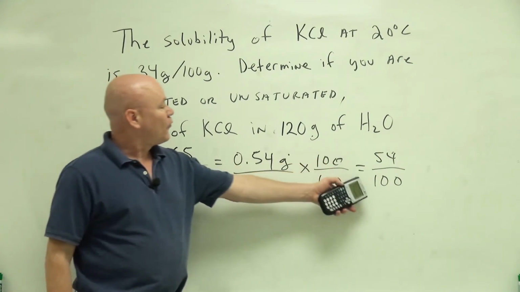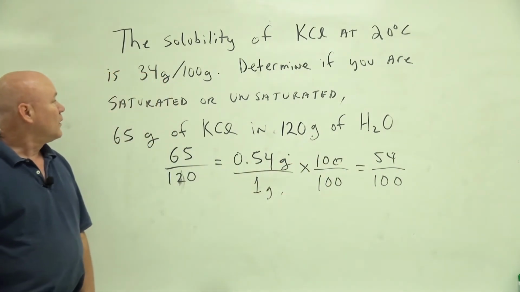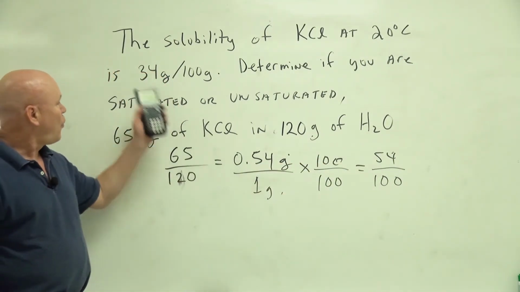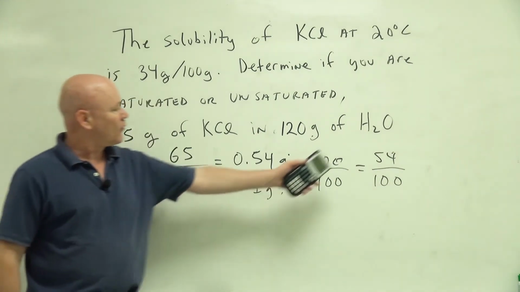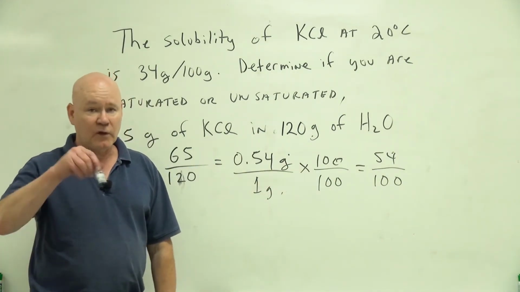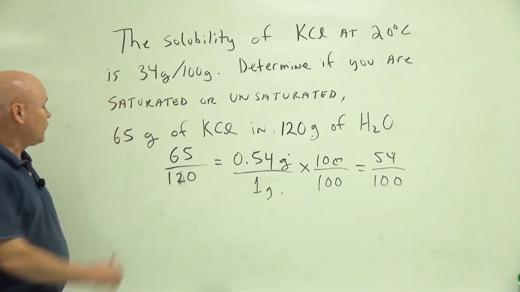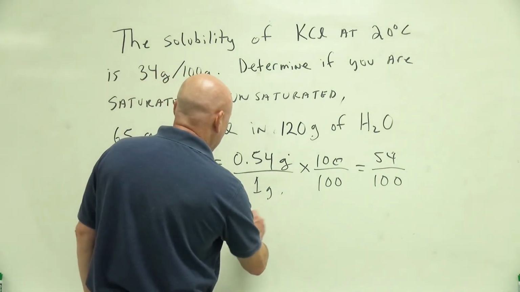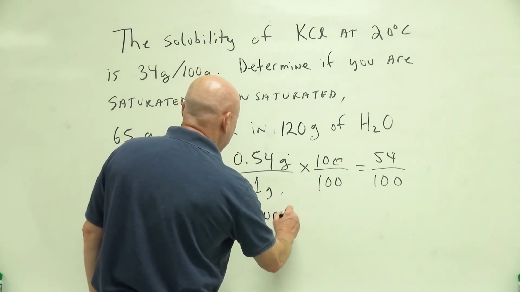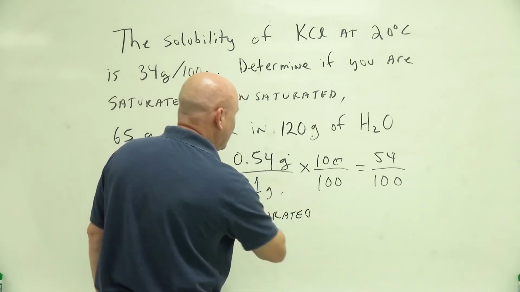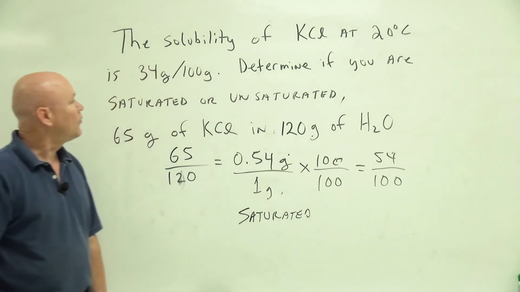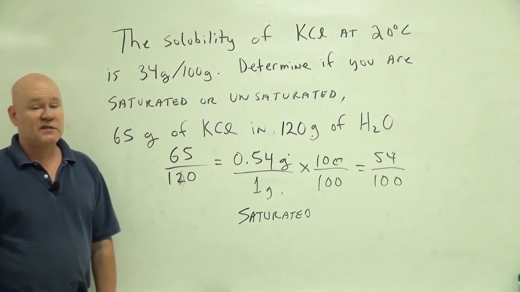So the first 34 grams will be in solution, and then the next 20 grams, because 20 plus 34 gives me 54, will be sitting on the bottom of the beaker. So in this case, this one is saturated, and you have 20 grams of KCl, potassium chloride, sitting on the bottom.